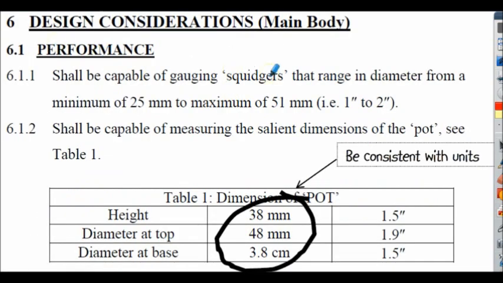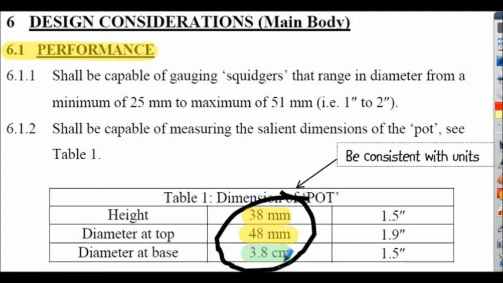Within product design specifications or technical reports, they're very serious documents, so such comments must be avoided at all times. Here's an extract from the actual design considerations under the heading of performance here. And we should always be consistent with the units we state. Within a product design specification, we do often state the SI units and the equivalent imperial units. That's an acceptable approach. But notice here, the PDS states 2 dimensions in terms of millimeters and then 1 in terms of centimeters.